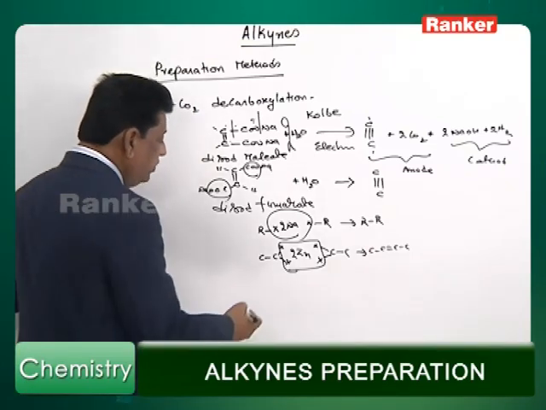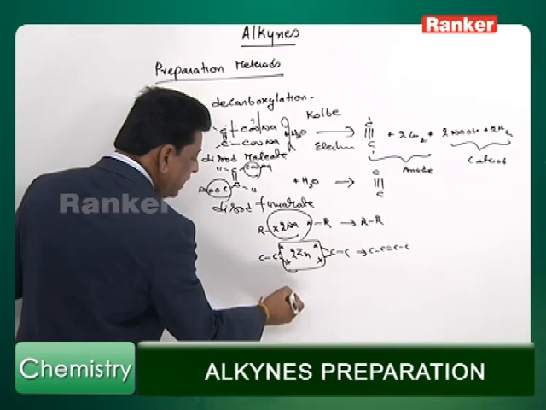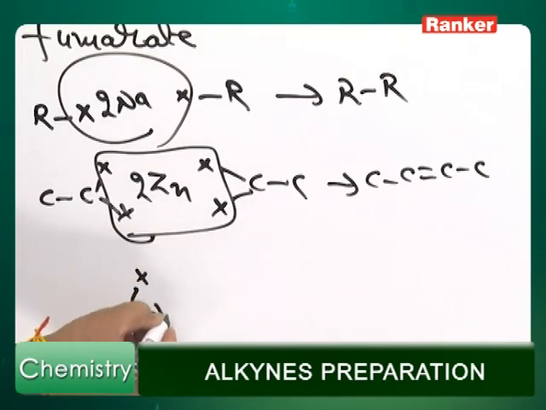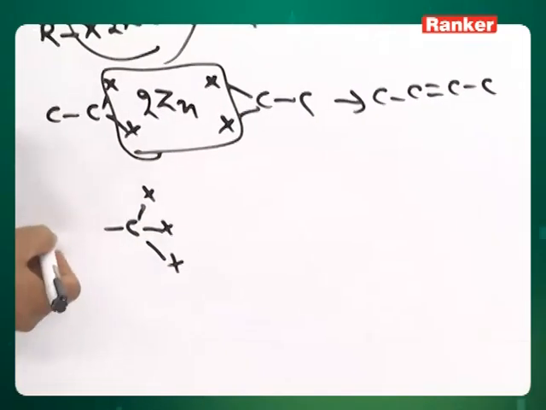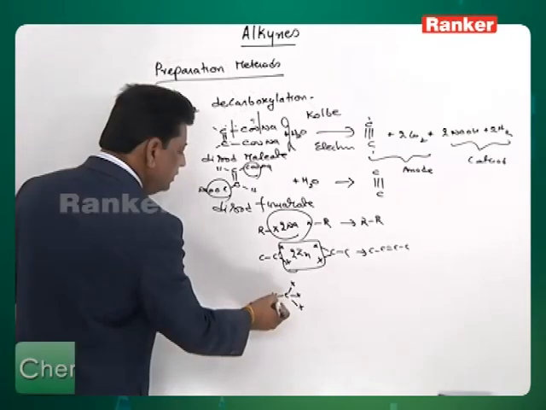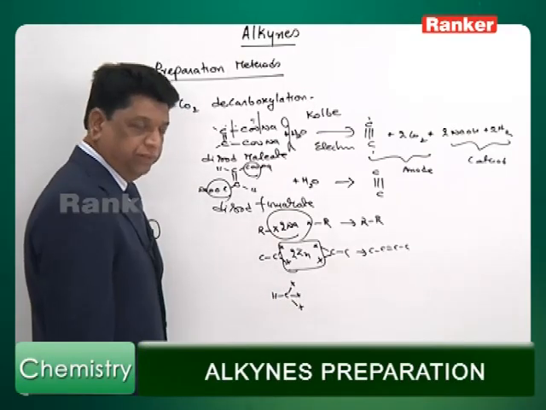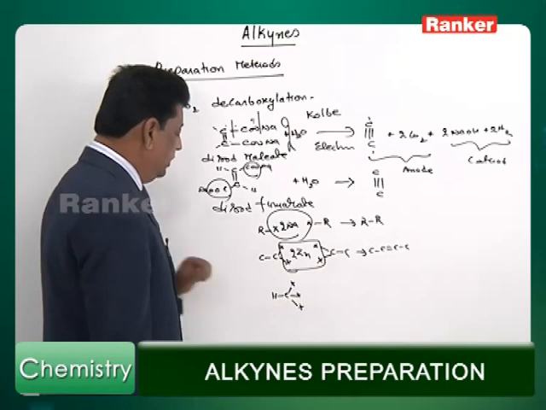Now, what we are taking is an alkyne containing 3 halogens. You can have an extension or simply a 1 carbon chloroform, for example, trihalomethane or chloroform.